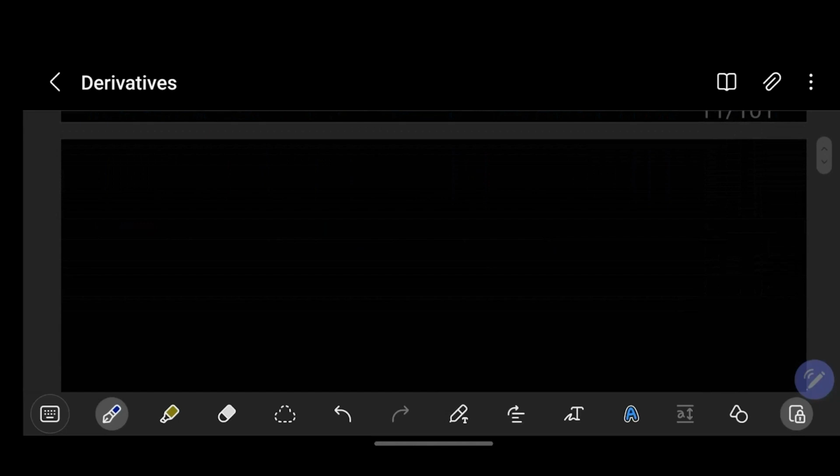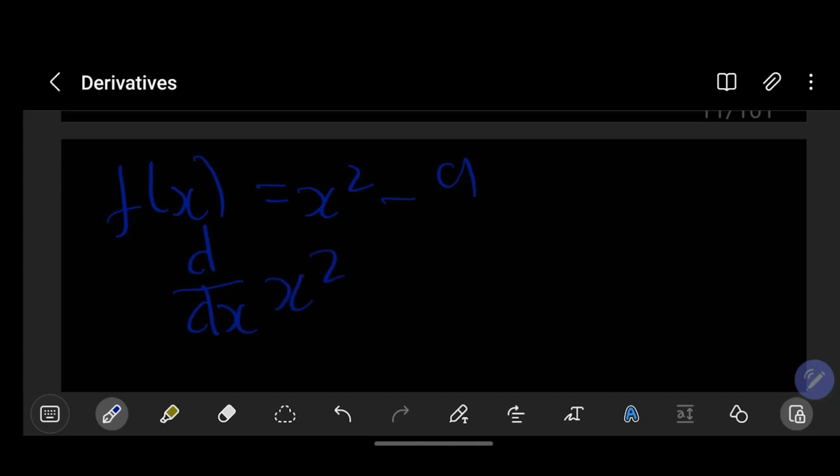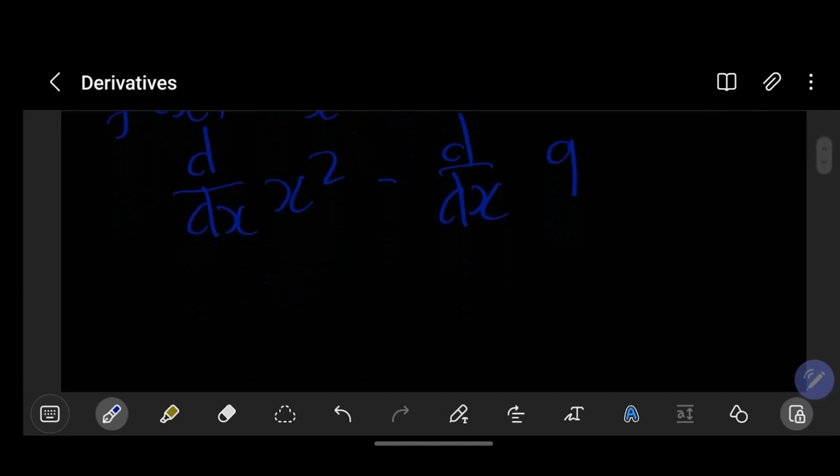Let's say f of x is equal to x squared minus 9. What do we do? We split this up as per the rule. We find d dx of x squared minus d dx of 9. Now with d dx of x squared we can use the power rule, and d dx of 9 is the constant rule.